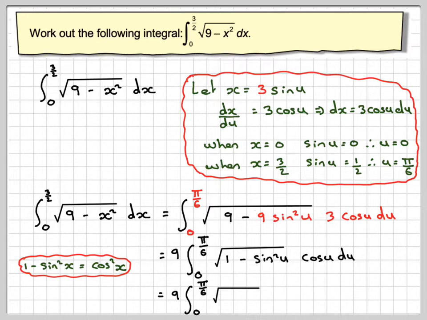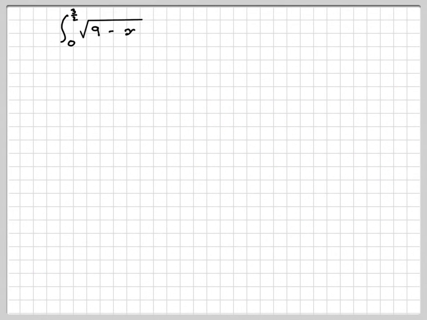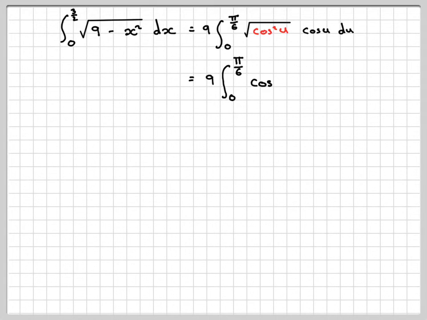Okay, writing that out again here. Right, if you square root it and square something, you end up with cos, and then cos u times cos u becomes cos squared u du.